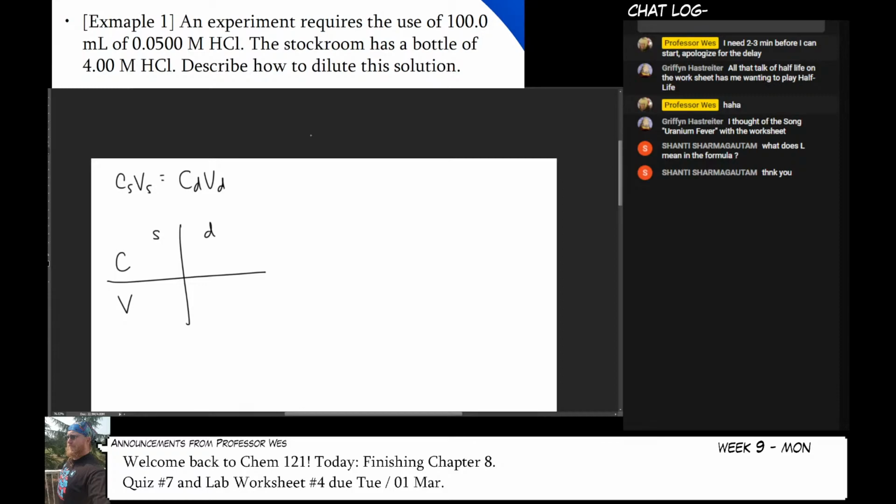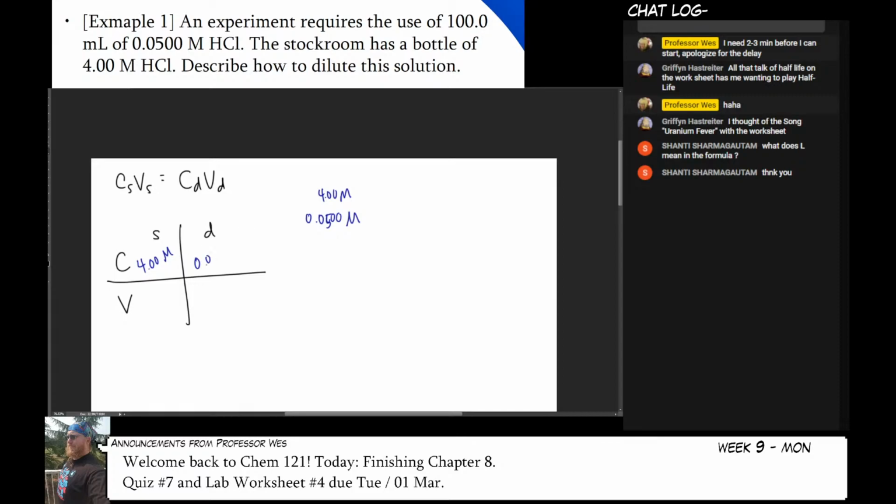The first hint that I can give you is that the concentrated solution or the stock solution is always going to be the bigger molarity. So my molarities are 4 moles per liter and 0.05 moles per liter. 4 is way bigger, so that's going to be this one. So the stock solution is 4 moles per liter.